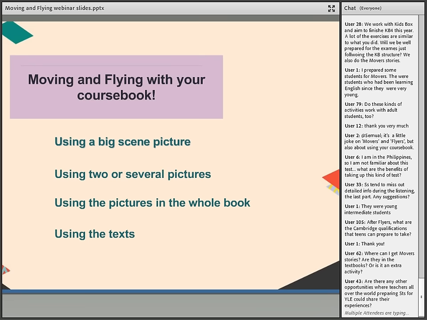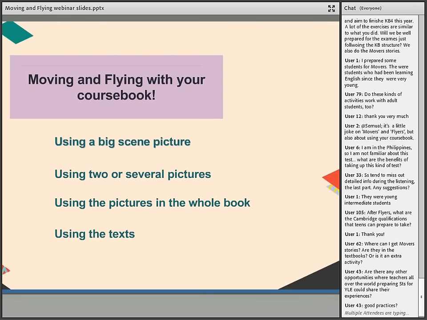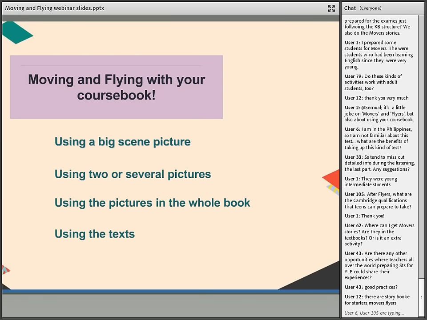Okay, thanks. Question now from Caroline van Brandenburg. She says, we work with Kid's Box and aim to finish Kid's Box 4 this year. A lot of the exercises are similar to the ones that you've gone through. If we just follow the Kid's Box structure along with the Movers stories, do you think we'll be well prepared for the exams?